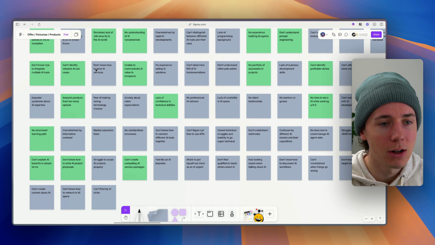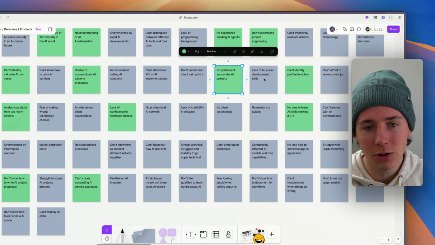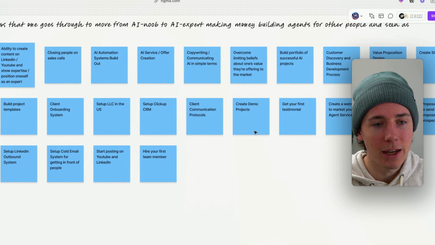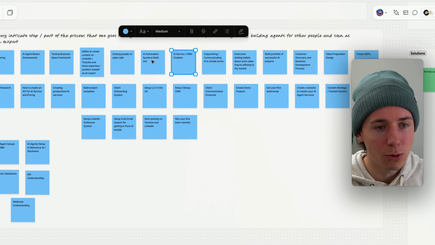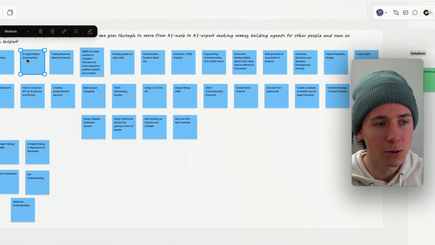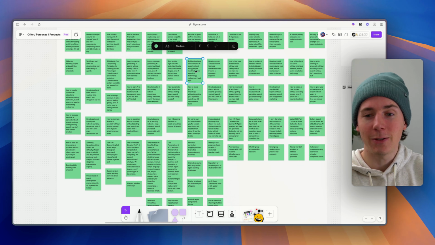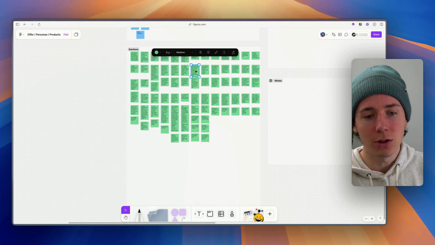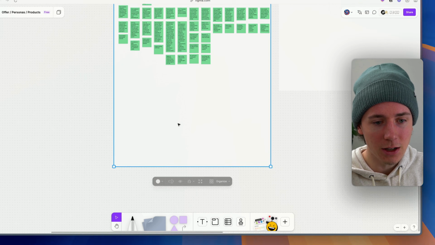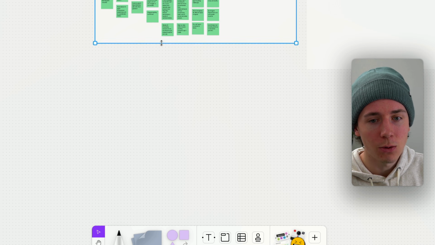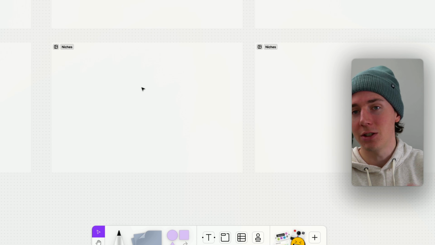We're going to map out all of the specific problems. We're going to rank them, and then we're going to go through each of the individual steps that someone would need to go through to be successful in this offer. And then we're going to create specific lead magnets or solutions to those problems. And then finally, what I didn't do in this one, we're actually going to create the specific niches that we want to target.